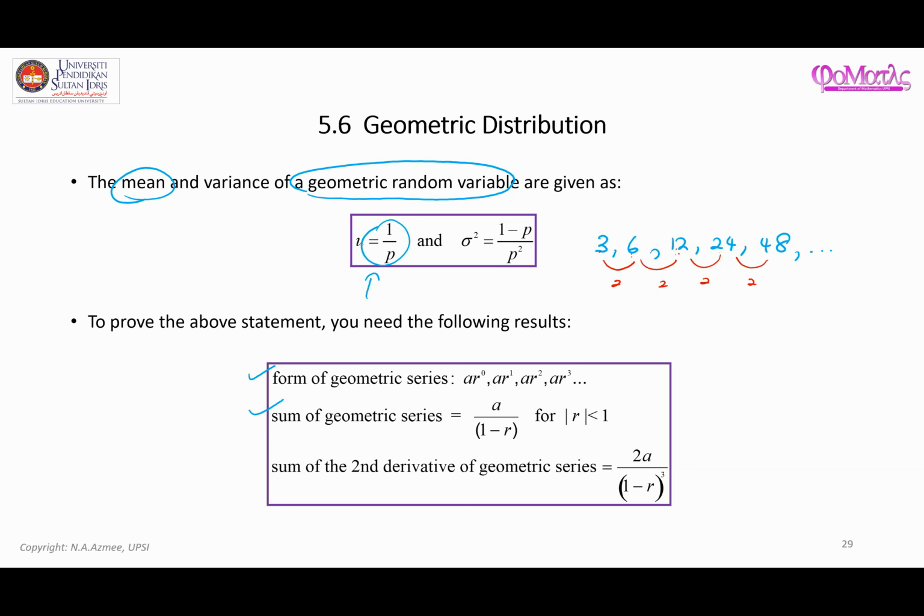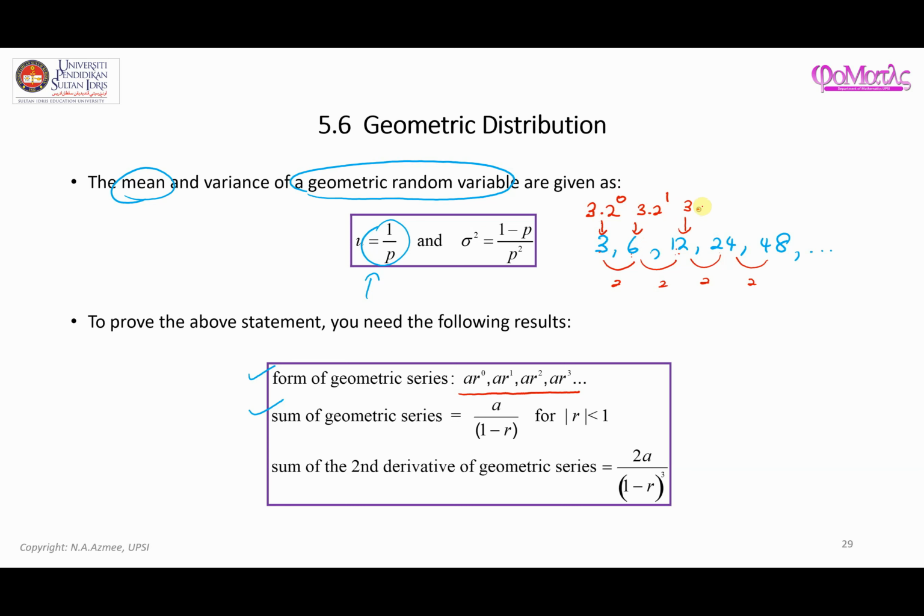Also, you can express the series in terms of a and r: a r to the power of 0, then a r to the power of 2, a r cubed, and so on. Based on this, this one is 3 times 2 to the power of 0. This one is 3 times 2 to the power of 1, so 3 times 2 is 6.